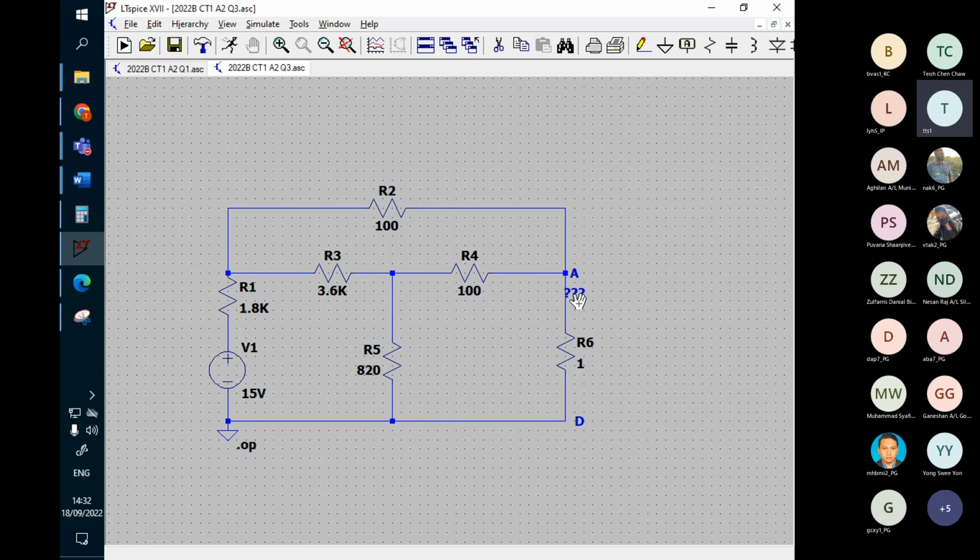Let's try one more time. Let's move to some other place. Oh, it doesn't help. Let's do it again. Probably we shouldn't move it. No, we still cannot do this. I don't know why, but this is not our fault. This is the limitation of the software.